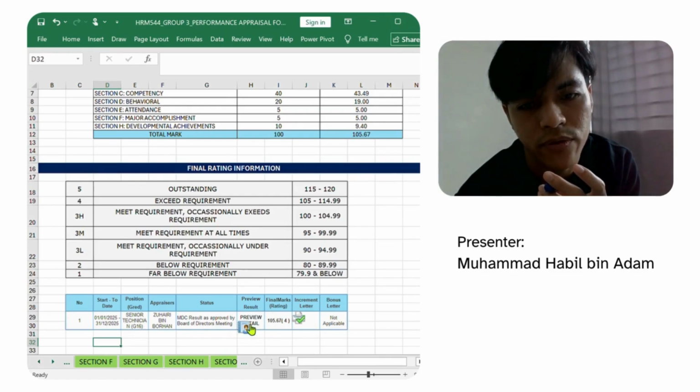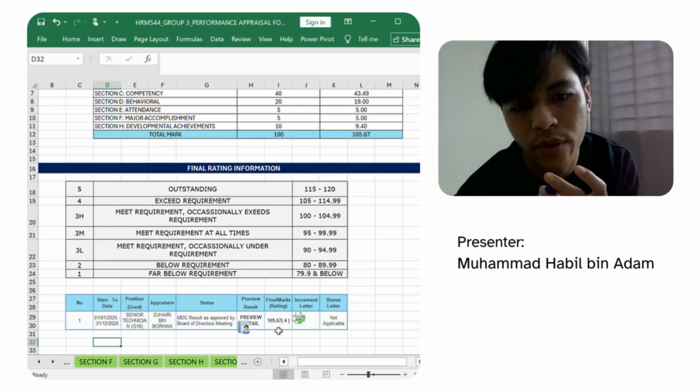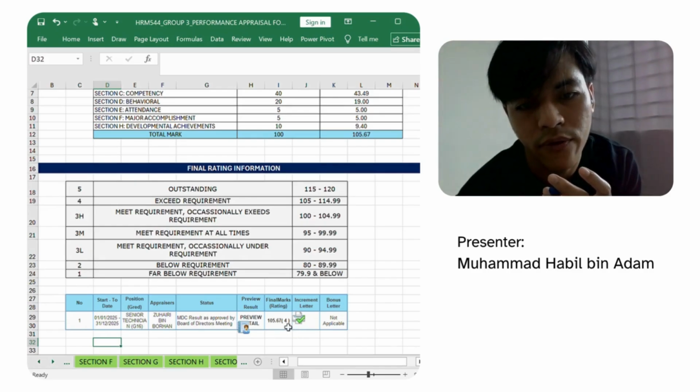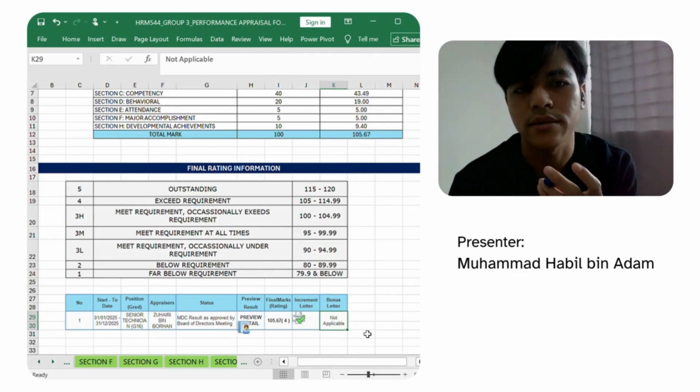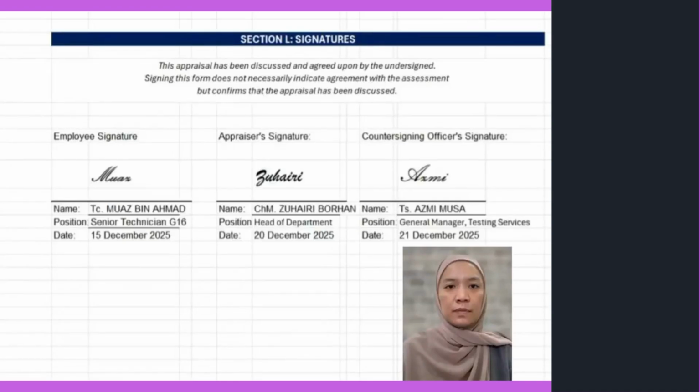This is a preview of the detailed result. The final mark he gets is 105.67, rated 4, which is in the exceeds requirement area. This is the increment letter, and lastly, bonus letter is not applicable yet. So thank you.